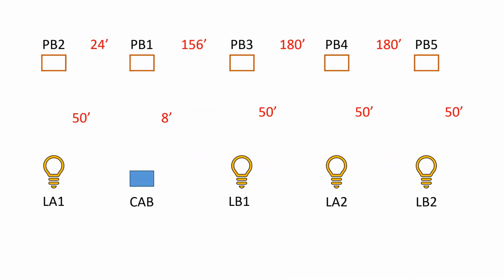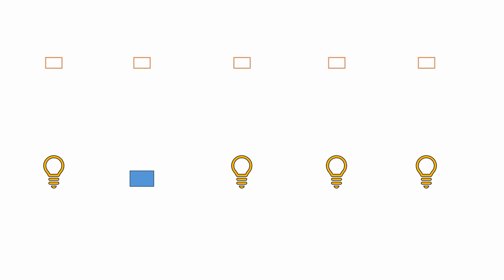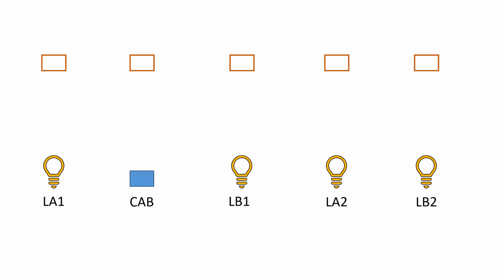I've created a schematic showing the streetlight system from the last video, showing the lights, the control cabinet, and the pull boxes. I labeled each individual light, giving it a number and indicating the circuit to which it belongs. I have also numbered the pull boxes so we can reference them easily.